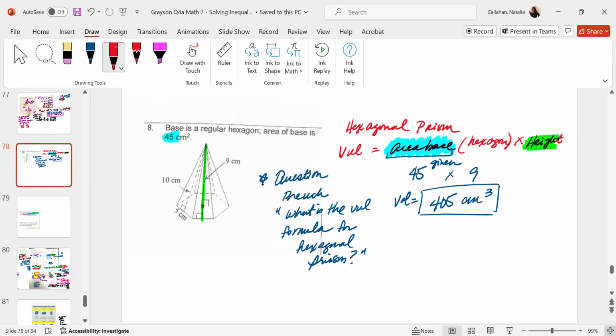Would you ask her about question number 8? What is the formula to find the volume of this? Because I have a feeling that this is not correct. It's a hexagon, but I think it's a hexagonal pyramid. Because it's not a prism. So I'm going to go back to this.